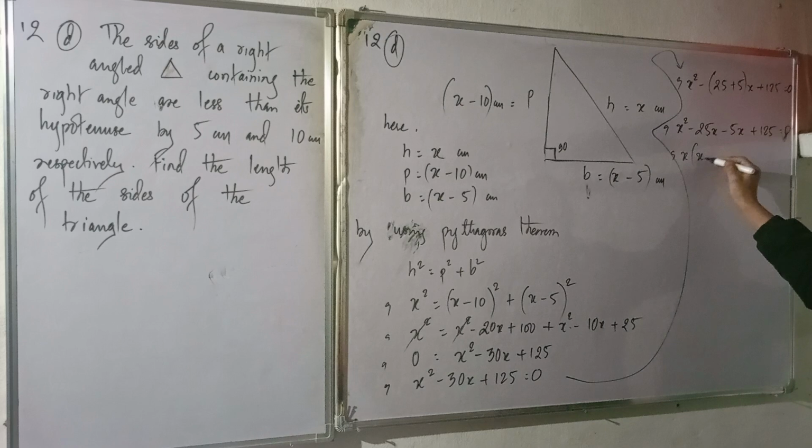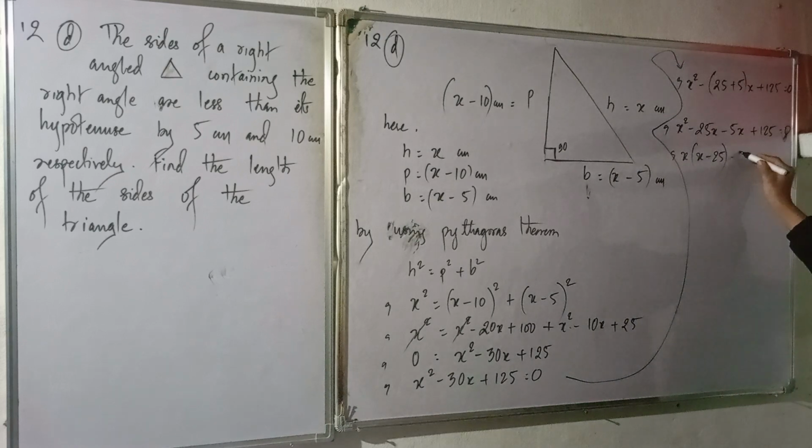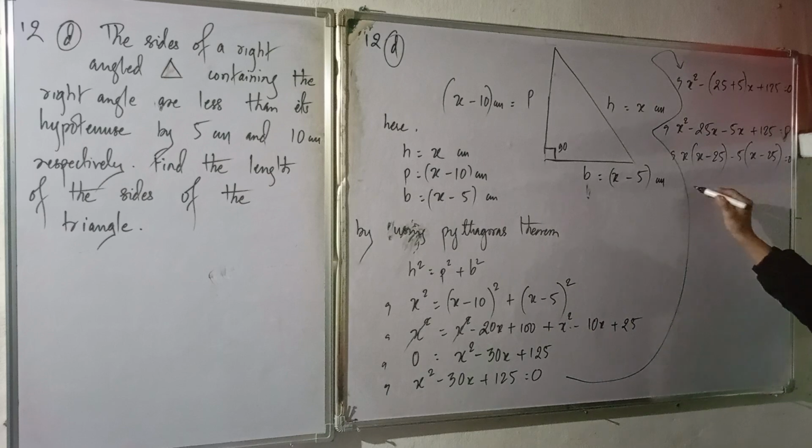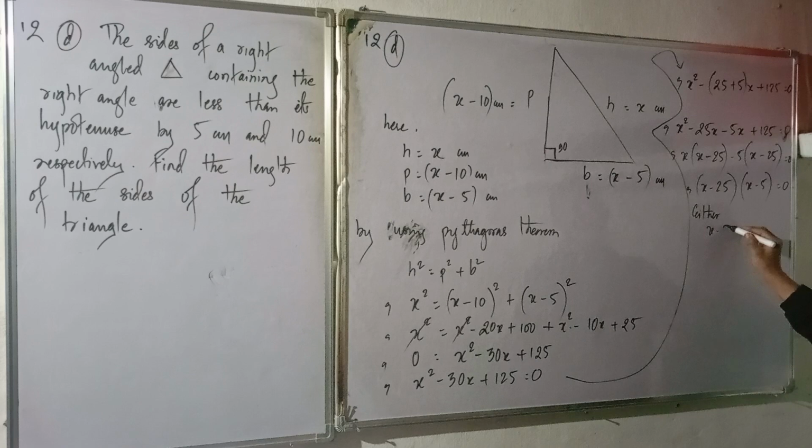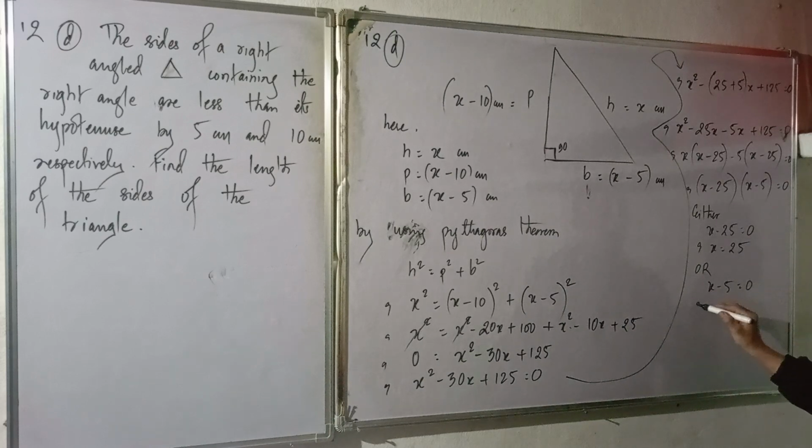Or x minus 25, x minus 5, x minus 25 equals 0. Now we can do either x minus 25 equals 0, or x equals 25, or x minus 5 equals 0, or x equals 5. Now you take both values.